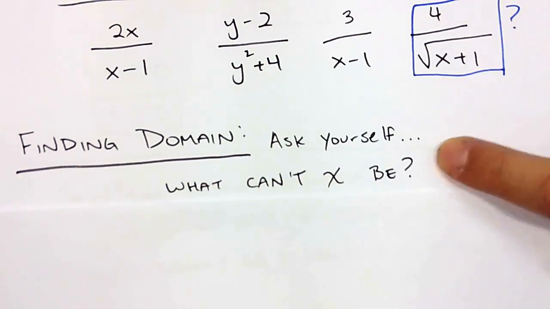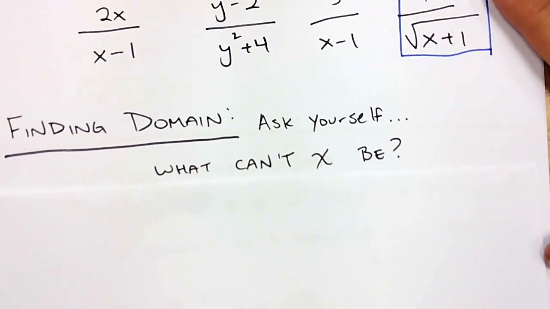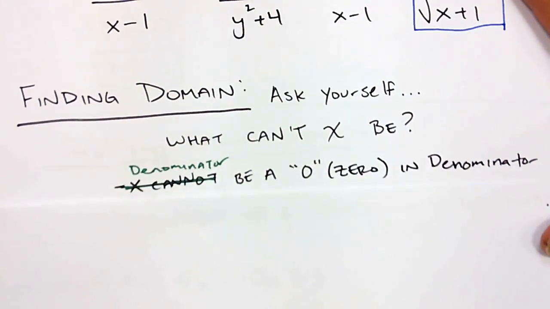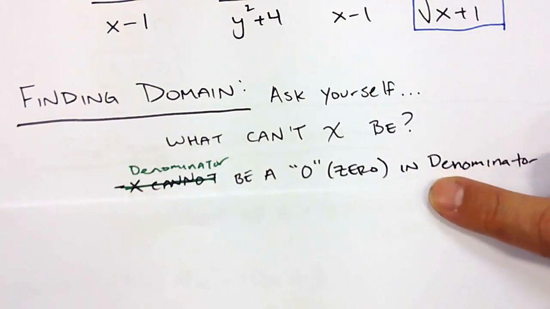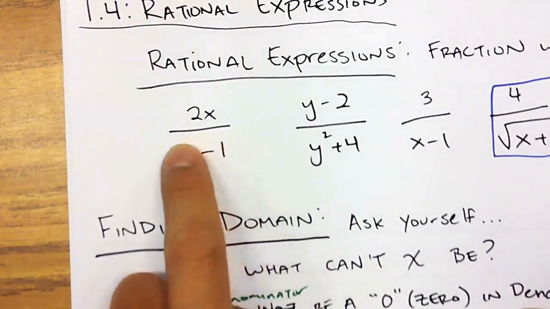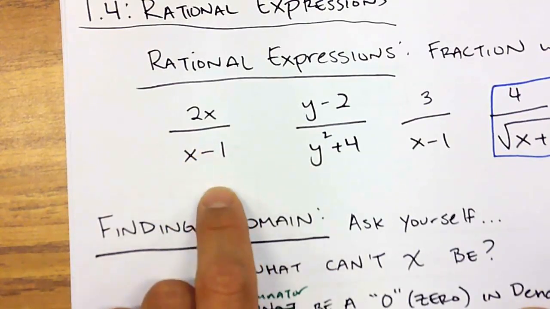Well, the denominator can't be 0. You can never ever divide by a 0. So in this case, x minus 1 cannot be 0, and if you solve for that, x cannot be equal to 1.